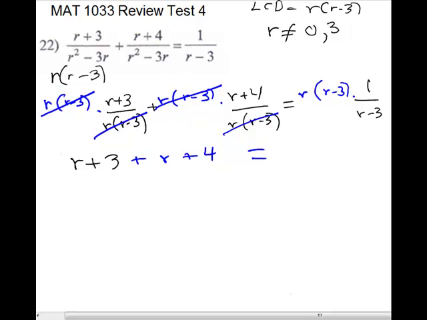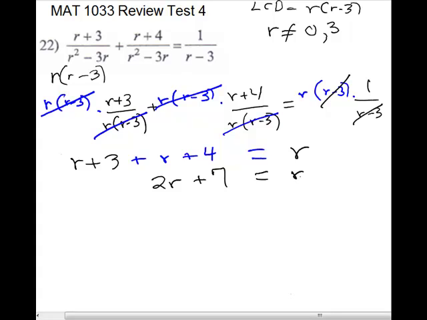And in my last one, the r minus 3 cancels, so I just have an r there. So on the left-hand side, let's put like terms together. That will give 2r plus 7. And we have an r on this side. Get the r's on the same side.